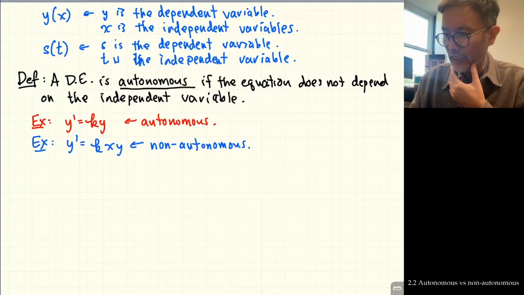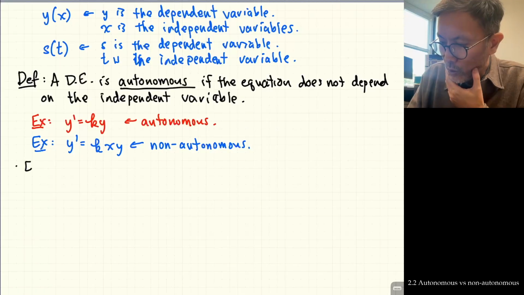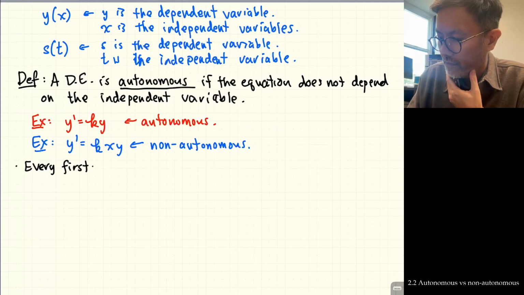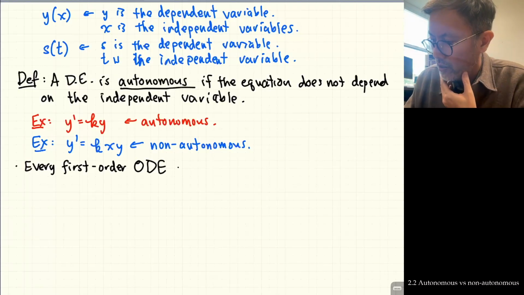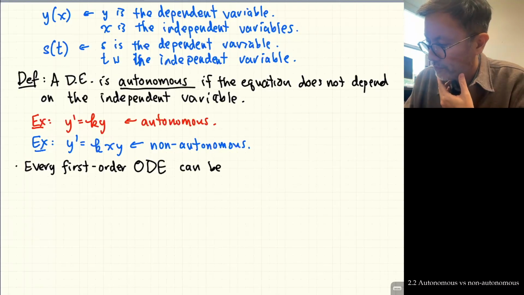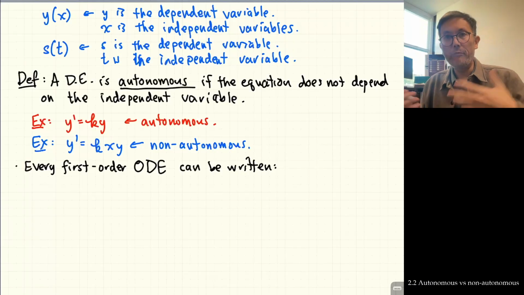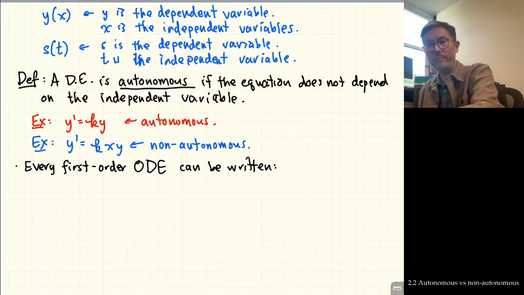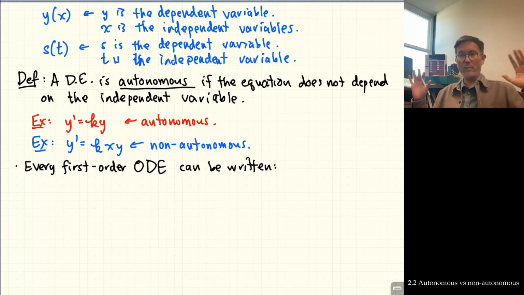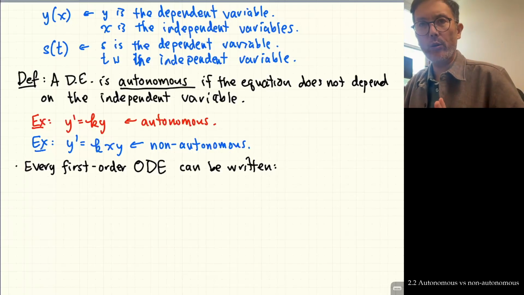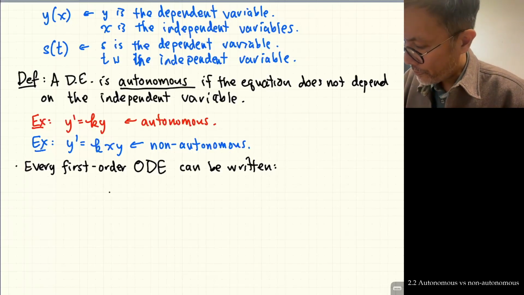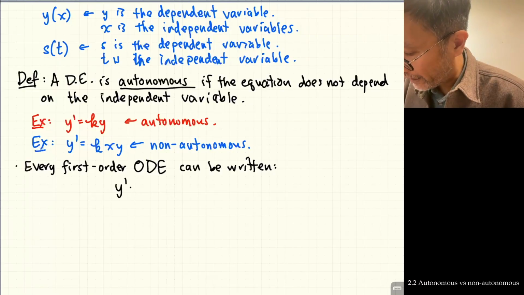One perspective that you can take is the following. Every first order equation can be written in the following way. If we assume y is the name of the dependent variable and x is the name of the independent variable, every first order ODE could be written as y prime equals f of x, y.